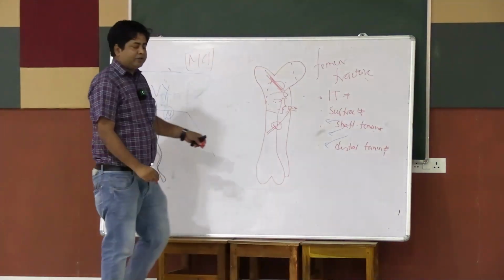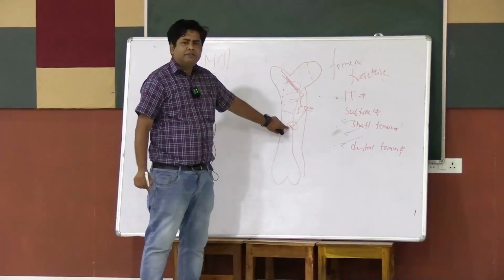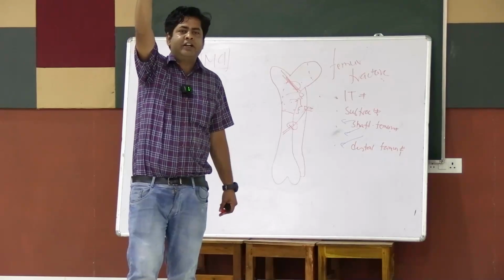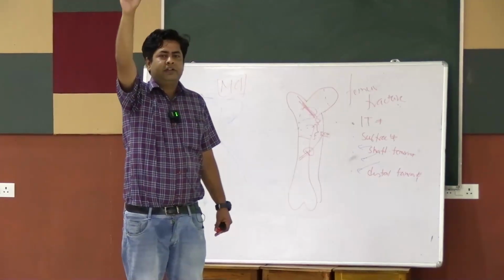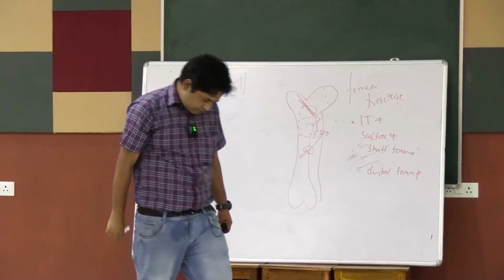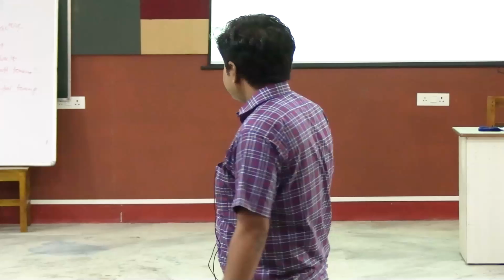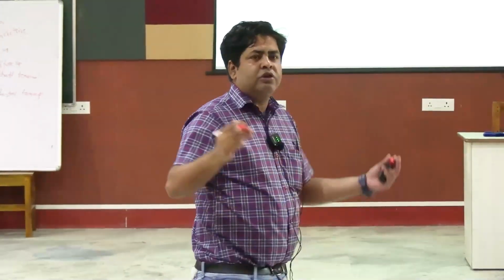What is the name of that vascular structure? Anybody? Femoral artery? This is called profunda femoris. Major vascular circulation and collateral around all parts of the shaft femur fracture lead to huge loss of blood after shaft femur fractures.